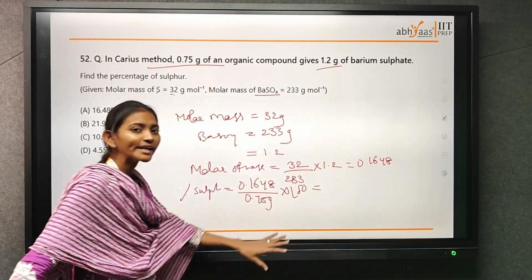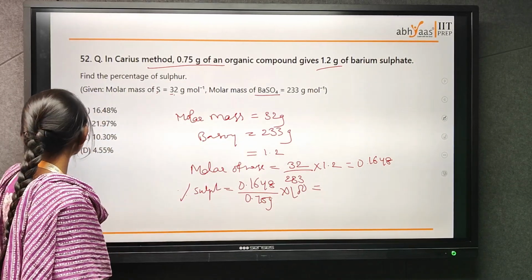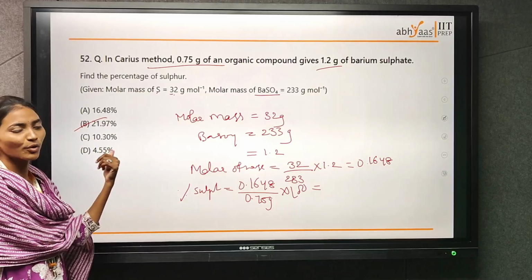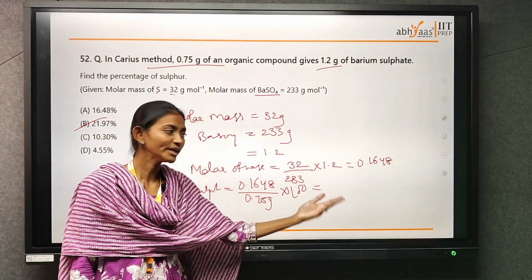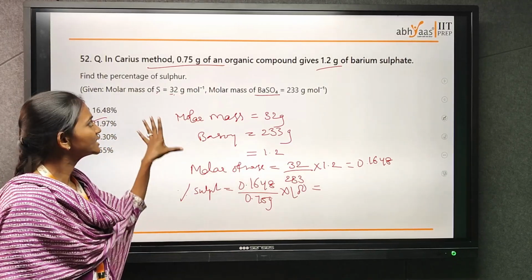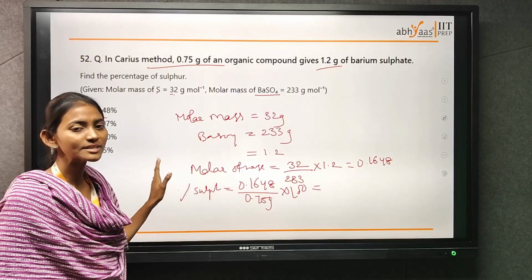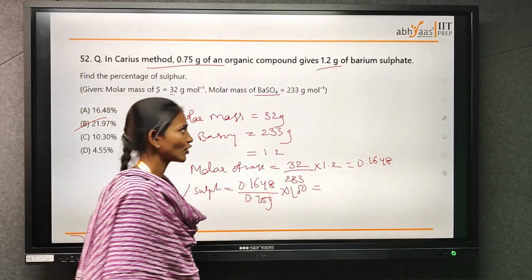While calculating, you will get an answer near option B, 21.97%. This method is from which chapter? Methods of purification of organic compounds.